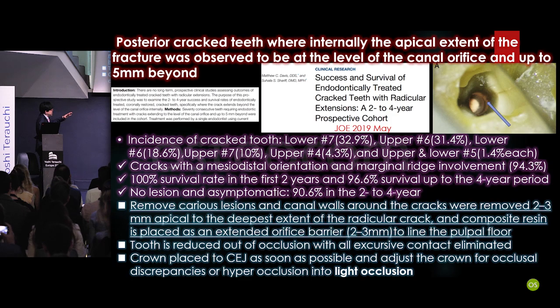I want to keep it with a light touch. So this is what I do. If you do that, there is a 100% survival rate in the first 2 years, 96% survival rate up to 4 years. So if you do this, you can extend the life of the tooth before you have complete vertical root fracture.